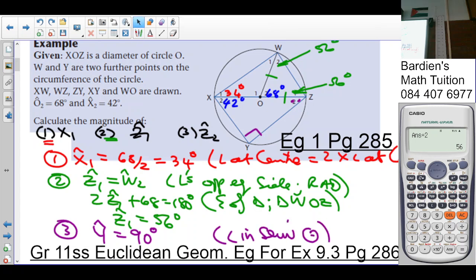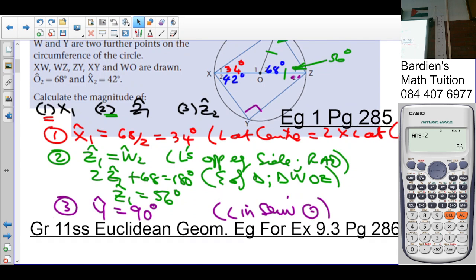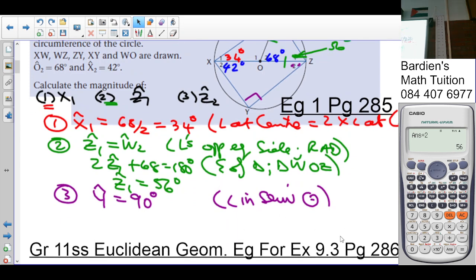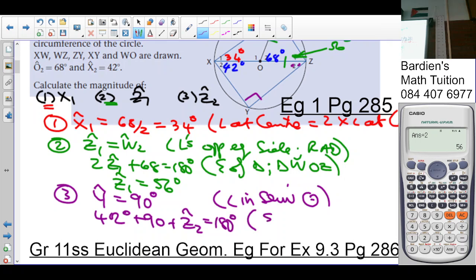You got angle in semicircle. So what can we say now? 42 degrees plus 90 degrees plus Z2 equals 180. Why? Sum of triangles, and it's triangle XZ1.